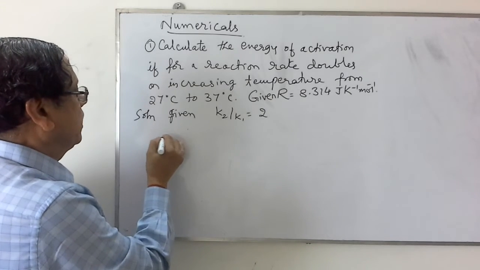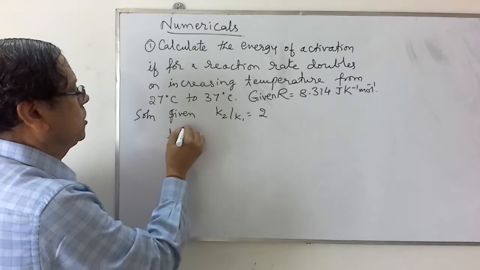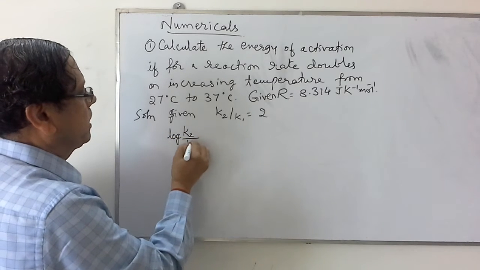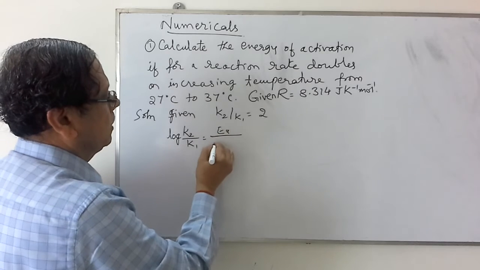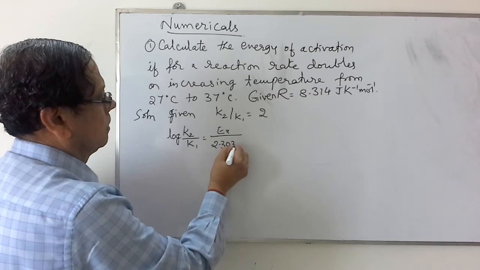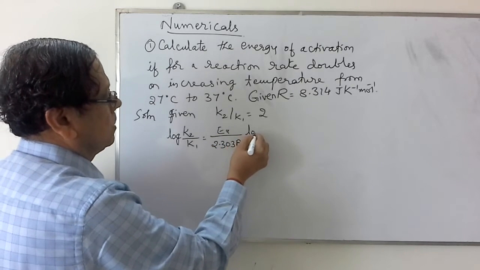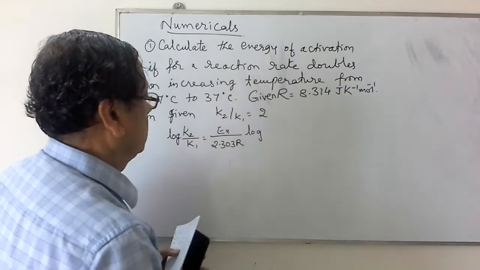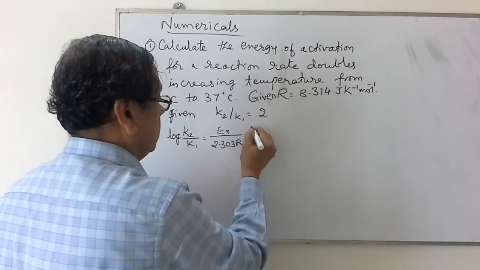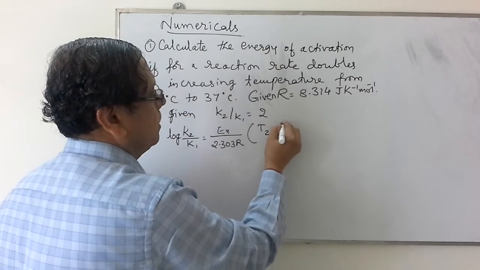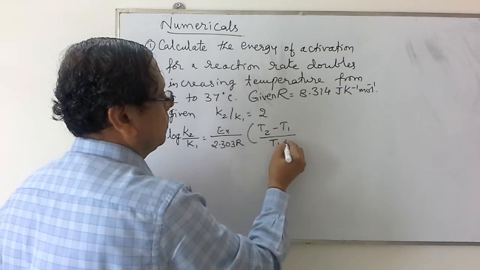Therefore, from the Arrhenius equation, we have derived this expression: log K2 by K1 is equal to Ea by 2.303 R into (T2 minus T1) divided by T1 T2.